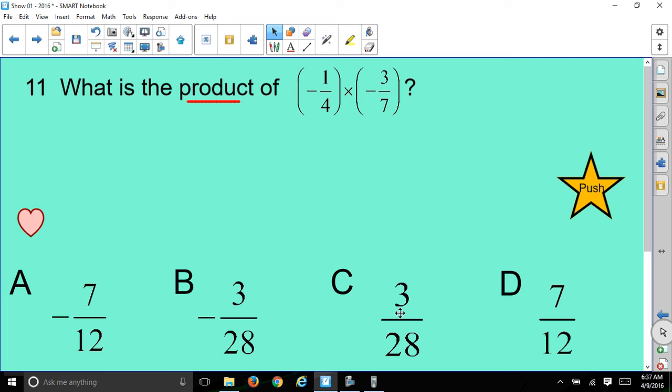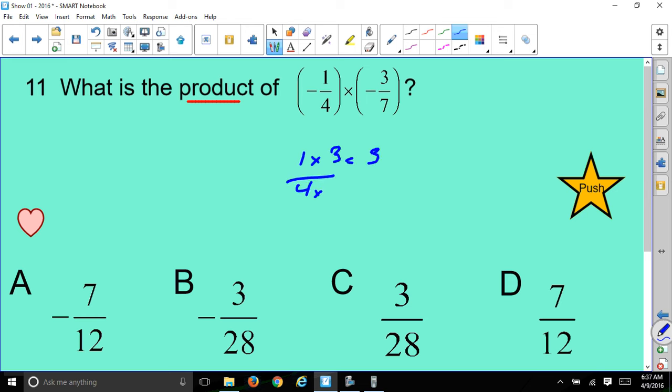You got to remember your rules for multiplying, because I know 1 times 3 gave us the 3, the 4 times 7 gave us the 28, but now we got a negative times a negative. Same signs equal positive. So even if I have a positive times a positive, or a negative times a negative equals positive, but remember different signs is equal to negative.